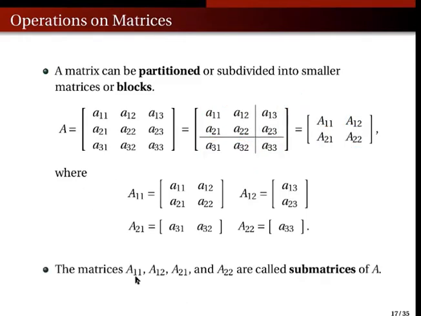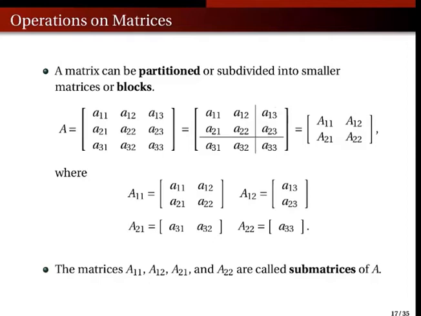The matrices A11, A12, A21, A22, the capital letters A, we call them submatrices of your capital A. Sometimes you are just interested in this submatrix, so let us label that submatrix. We'll have some usage of that later in the course.